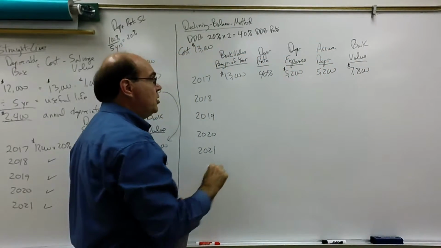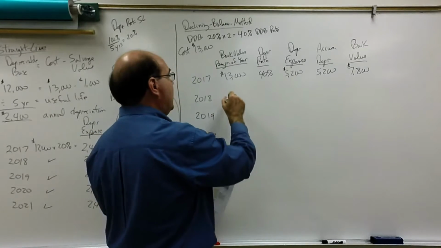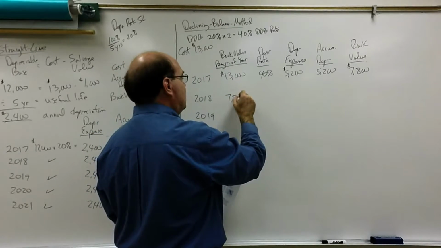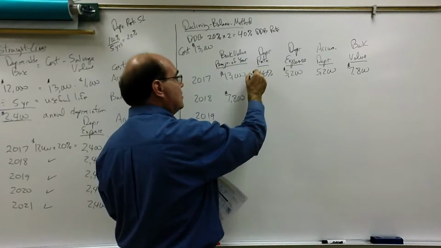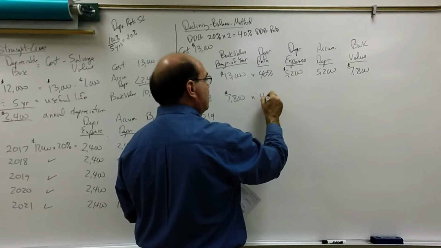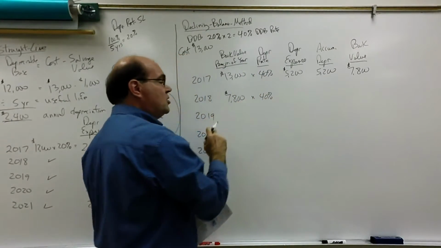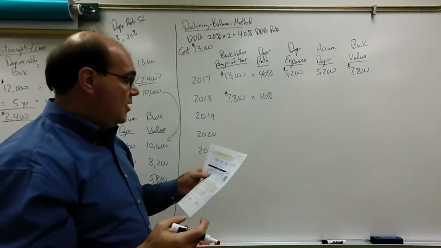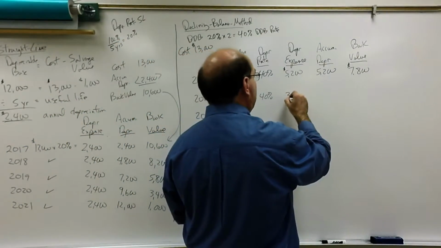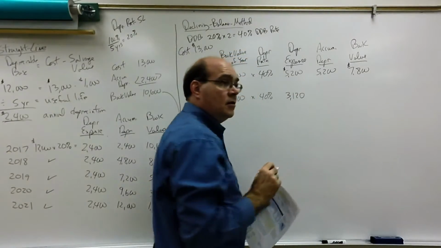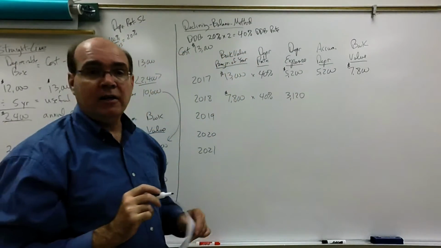Now we're going to bring that $7,800 over here, and that's the base that we then use to apply our next rate. So we again use the 40%. Now we take 40% of the book balance, and the depreciation goes down quite a bit, $3,120. So it falls off pretty rapidly.